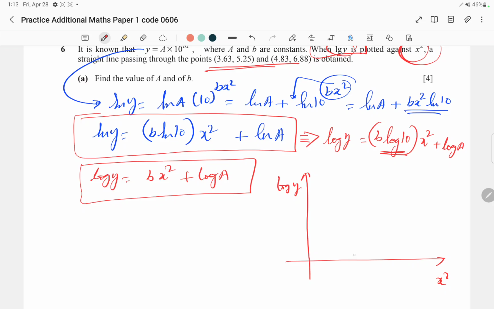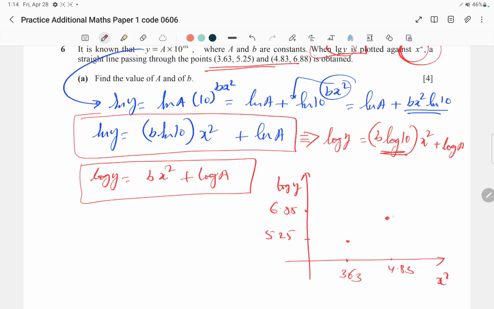Suppose this is 3.63 and this is 5.25. Next, suppose 4.83 is here and 6.88 is here, which can be here, right?